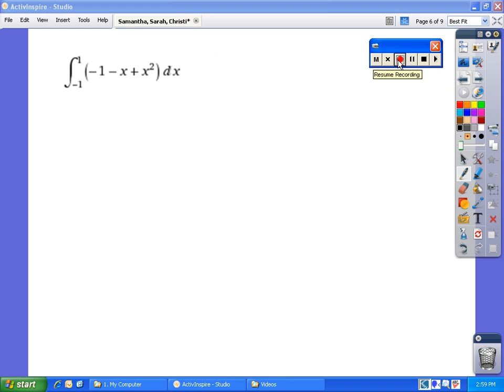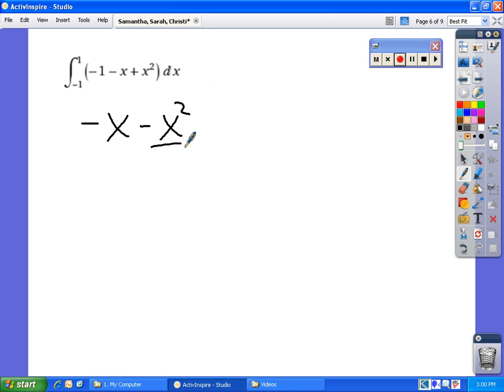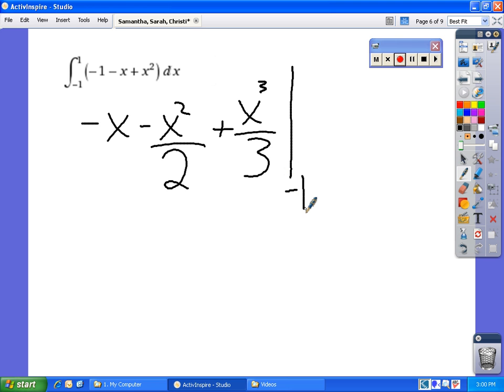So for our last problem, I'm doing a definite integral, and the bounds are negative 1 and 1. So first you just take the basic integral. So you have negative x minus x squared over 2, and plus x cubed over 3. And then you have to plug in your bounds. So you do the line negative 1 to 1.